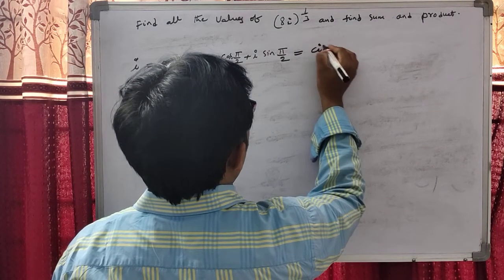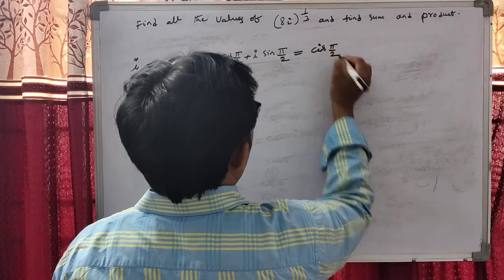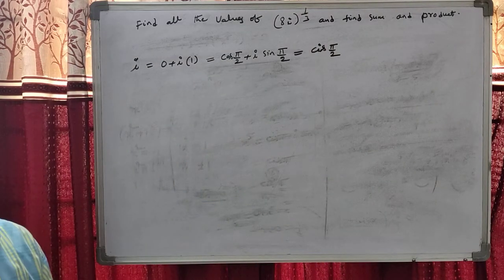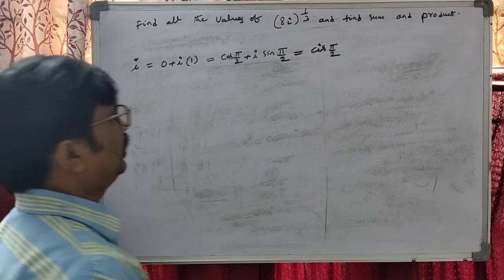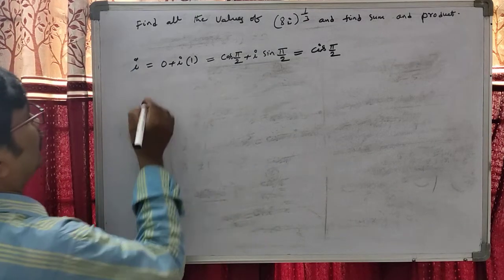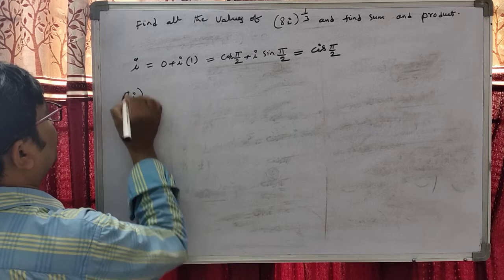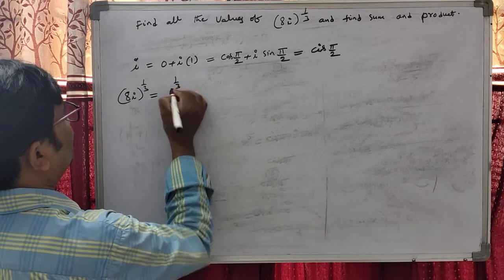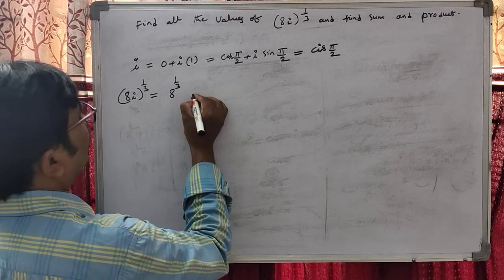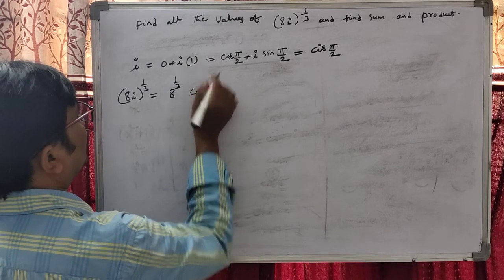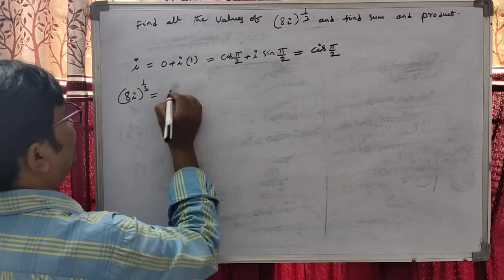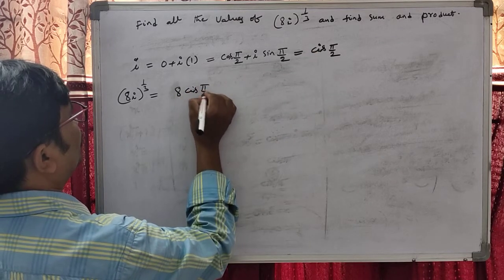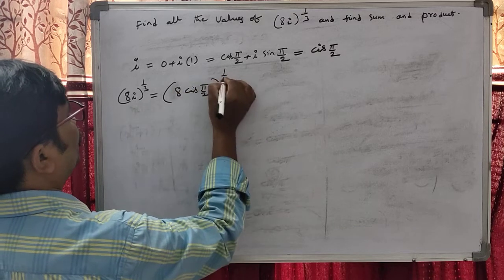This is cis of pi by 2. Cos 90 plus i sin 90, that is cis of pi by 2. Dear students, how can you write 8i whole power 1 by 3? We can write it as 8 into i, that is cis of pi by 2, whole power 1 by 3.